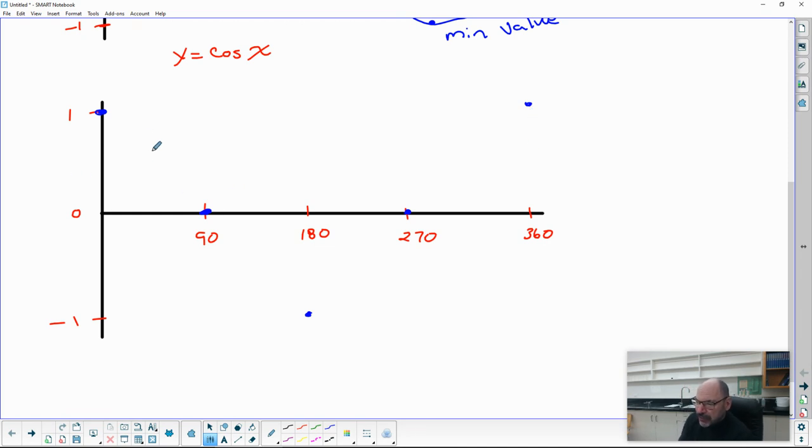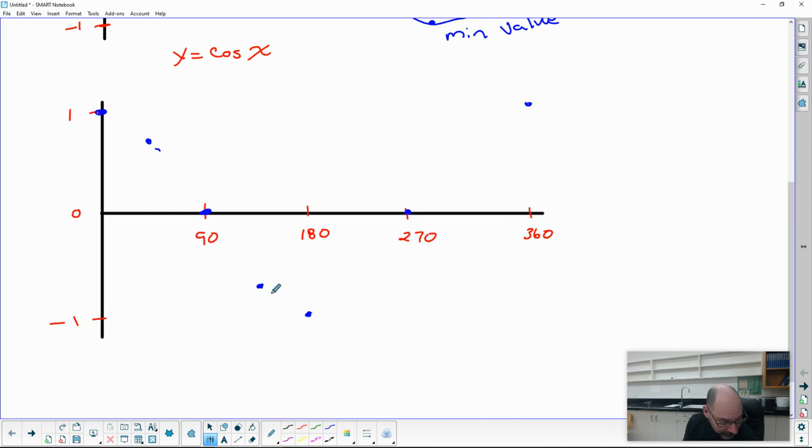Now, if we're looking in between at 45 degrees, you can see that it's root 2 over 2. So that's that 0.7. So somewhere about here. If you're looking between 90 and 180, halfway in between at 135, it's again negative root 2 over 2.